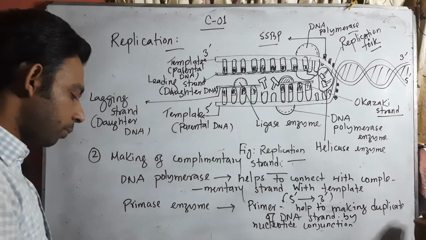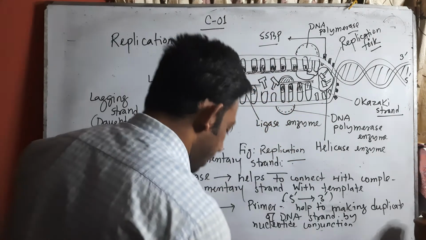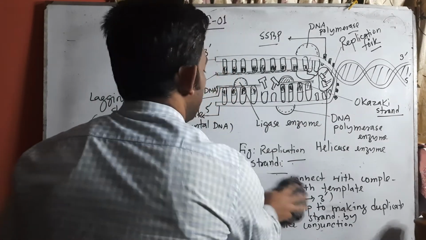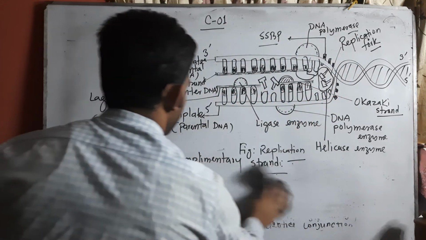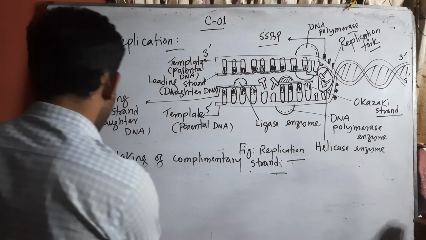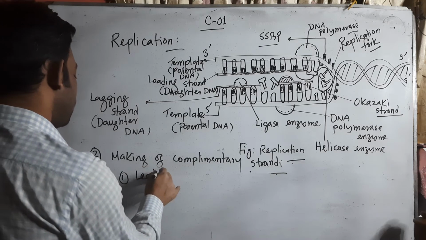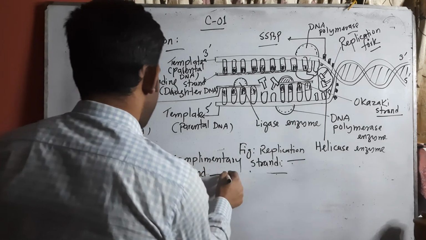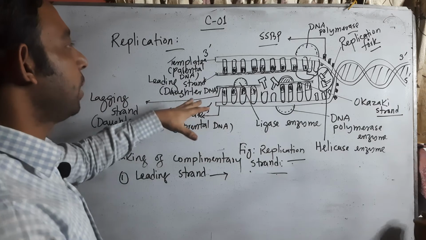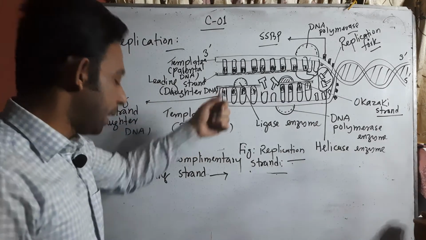And now the third step we will try to understand, the leading strand and lagging strand. First one is the leading strand. Of these two parts, the leading strand is followed by the lagging strand. In DNA replication, the leading strand always tries to move forward and is followed by the lagging strand.